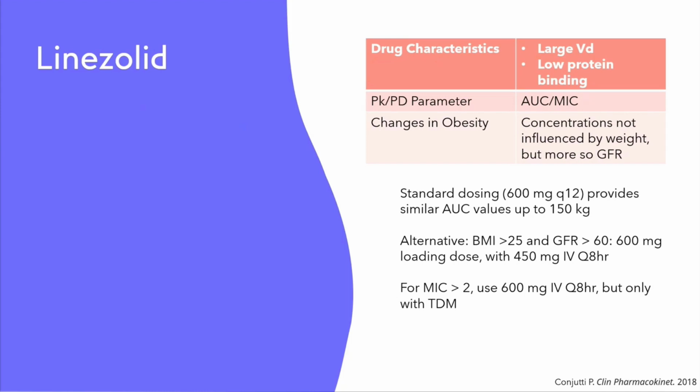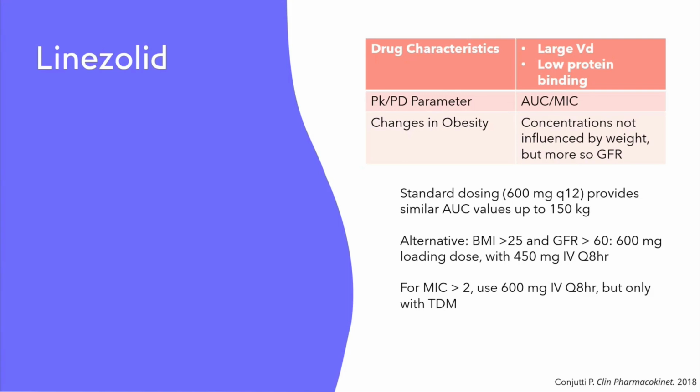And then there's also recommendations that for patients who have even a BMI over 25, so not quite even meeting the WHO definition of obesity, but for a BMI over 25 with a GFR over 60 milliliters per minute, you could consider a 600 milligram loading dose followed by 450 IV Q8 hours for potentially severe infection or higher MICs.